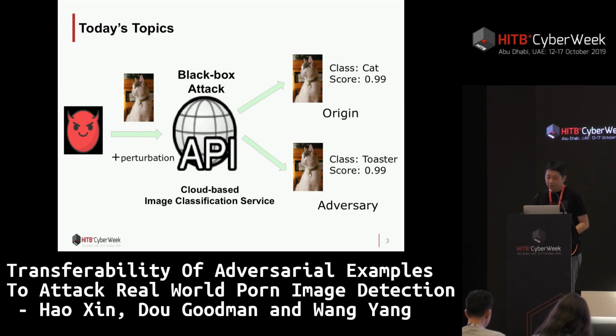It simply adds some carefully constructed perturbations to the original image, which is the adversarial example. It can fool an AI classifier, but this is not easy in the real world, and it is more difficult to influence multiple cloud classification services at the same time. What we are showing today is that by using our attack method, the same adversarial image is misclassified on multiple cloud services.